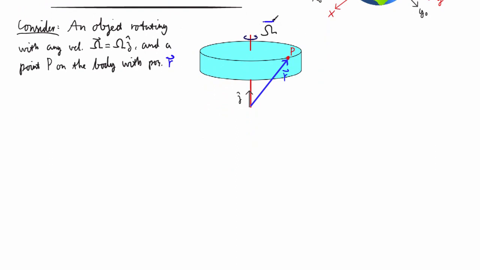Now, one important thing that is to some extent at the root of the difficulties of working with rotational kinematics is the fact that if we look at the vector r, seen as a vector, it is the same in both S and S naught, both in the rotating and the non-rotating reference frames.